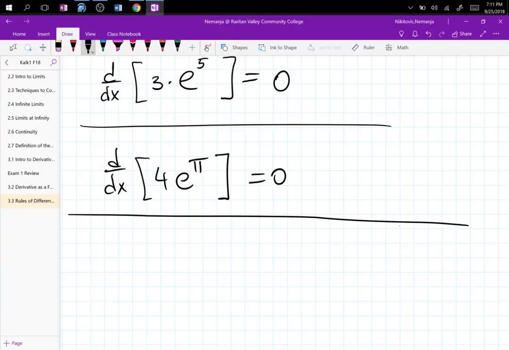I'll write the formulas to be memorized. The derivative of a constant is 0, the derivative of x to the n is n x to the n minus 1. Then the derivative of f plus or minus g is f prime plus or minus g prime.